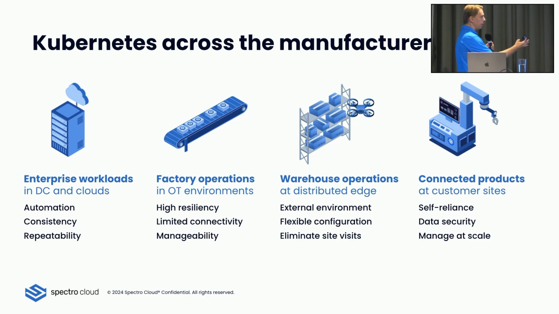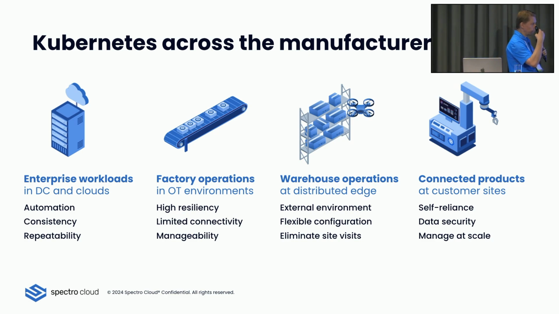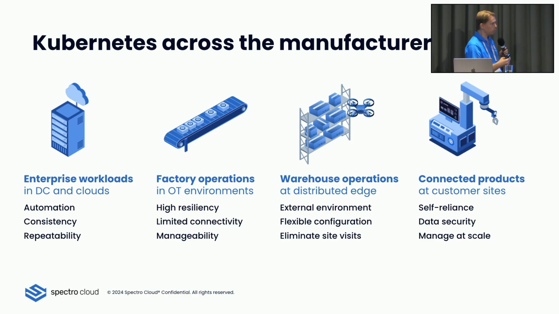It is directly in OT environments where there are factory lines, for example, at either a warehouse or a factory location, where you get very different requirements around resiliency instead of just consistency and repeatability. These environments also have different connectivity characteristics that you have to consider.